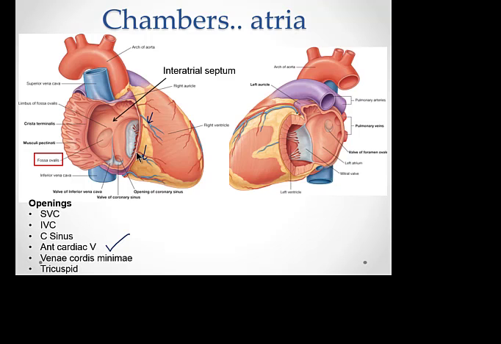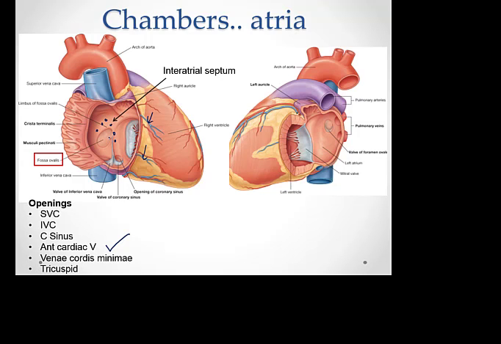And later when we do the coronary circulation, we will see that every chamber of the heart has tiny little veins present. Instead of going into one big vein, there are small little veins. Those small veins are called venae cordis minimi. These are present in all chambers of the heart. If I was to draw it here, imagine tiny little openings like this called venae cordis minimi.